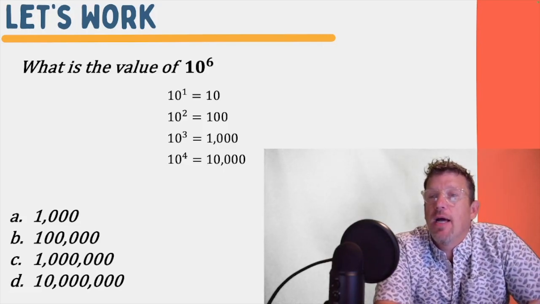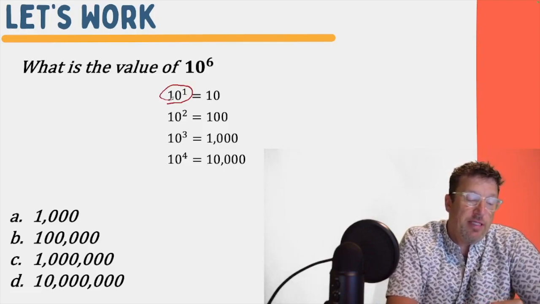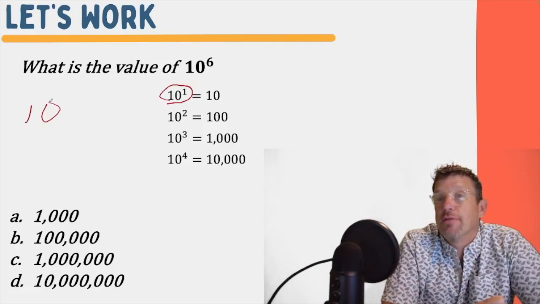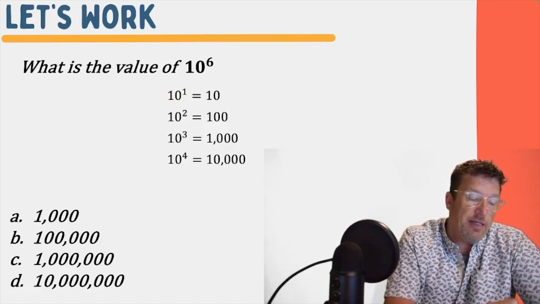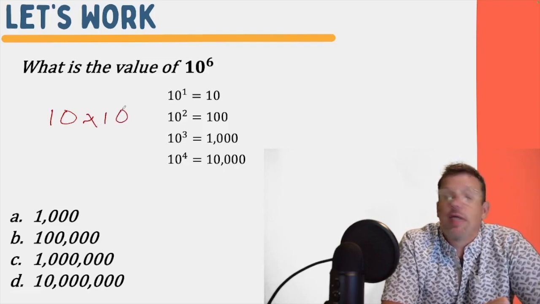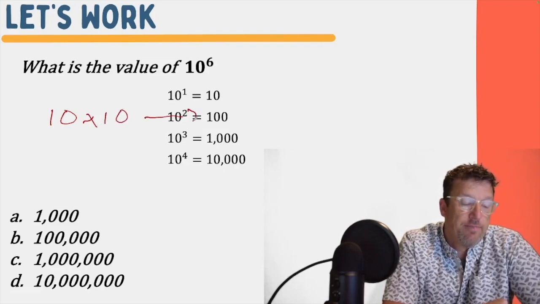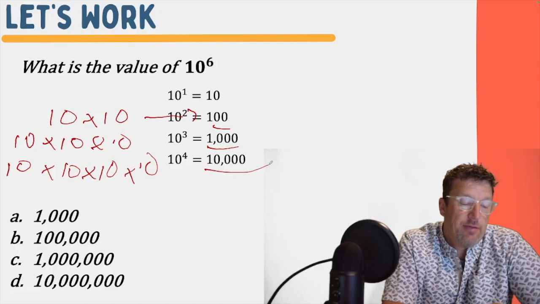Let's look at these bases. 10 to the 1st simply means 10, there's no multiplication, so it's just 10. 10 to the 2nd is 10 times 10, we write the 10 down 2 times, which equals 100. 10 to the 3rd would be 3 tens, and that equals 1,000. And 10 to the 4th, you guessed it, would be 4 tens, and that equals 10,000.